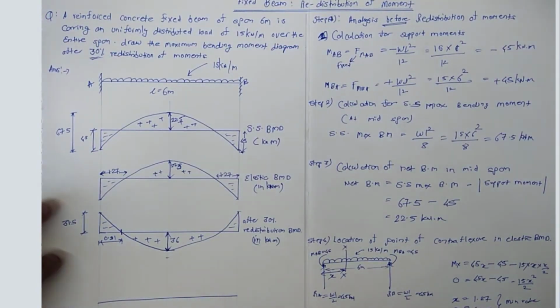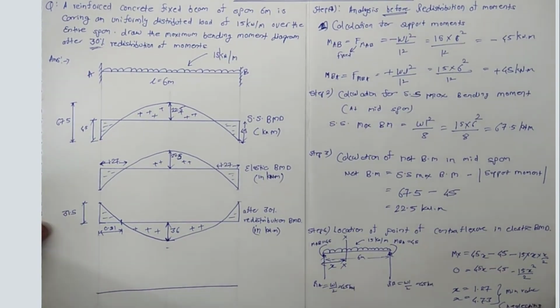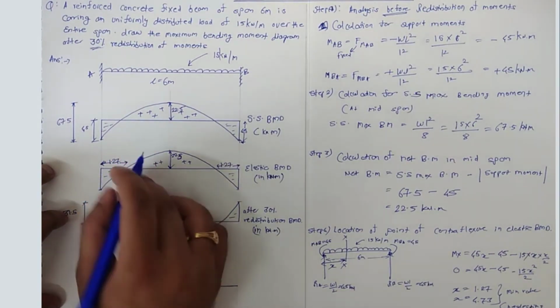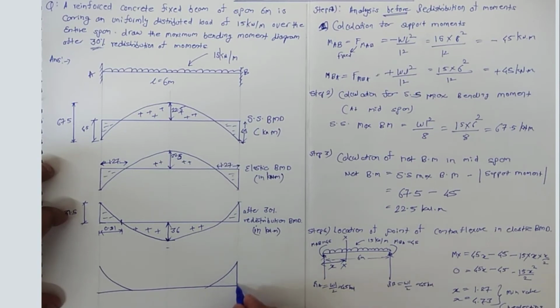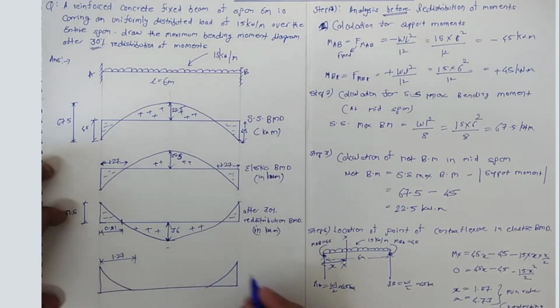So we have this diagram, you must draw it by scale. I'll manage the scale. So you have this 1.27, so it will be here, where it is the bending moment, so it will be negative. Then you have 0.